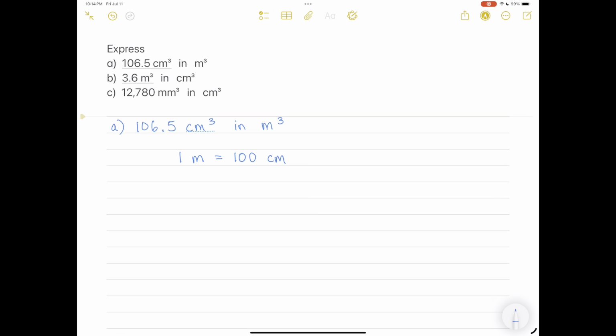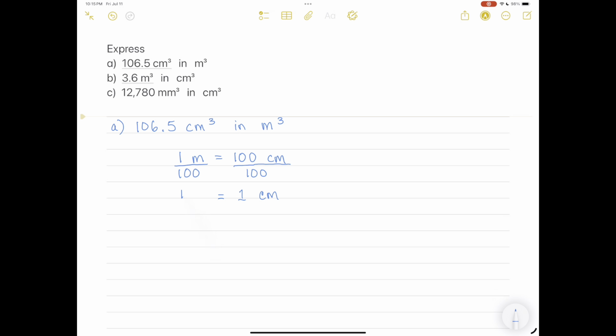Since this problem starts with cubic centimeters and ends in cubic meters, I begin by making the conversion unit from a single centimeter unit. And I do so by dividing both sides of the equation by 100. On the right-hand side, 100 centimeters divided by 100 equals 1 centimeter.